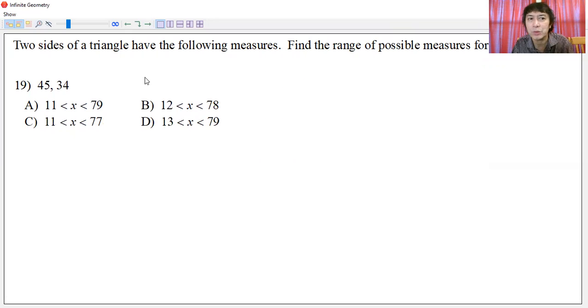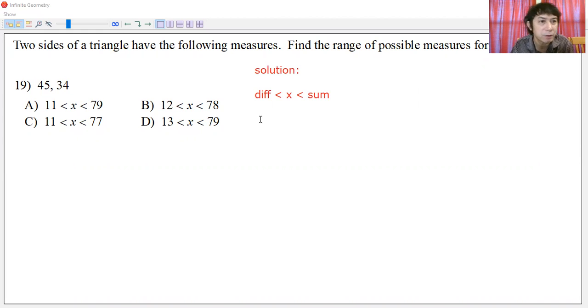Number 19. Two sides of a triangle have the following measures. Find the range of possible measures for the third side. 45 and 34. We have a solution for this. We have the difference, and then we have this. This is the way to do it.